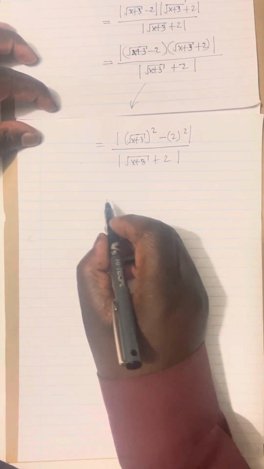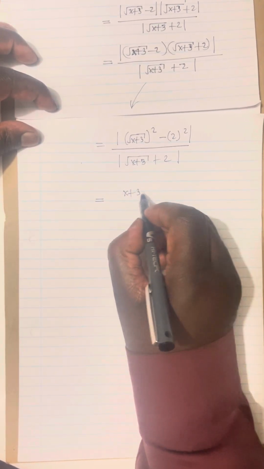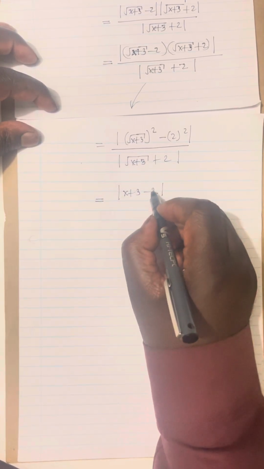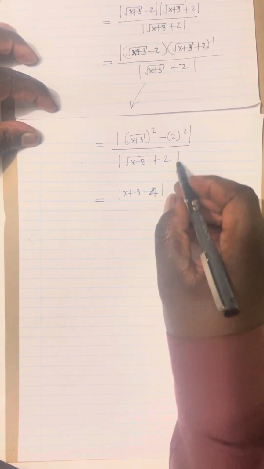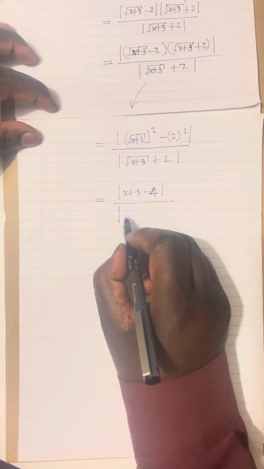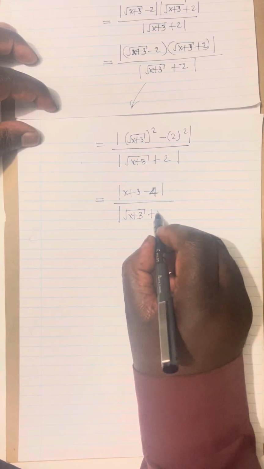And so in the numerator we have x plus 3 minus 4, because 2 squared is 4, all over the absolute value of square root of x plus 3 plus 2.